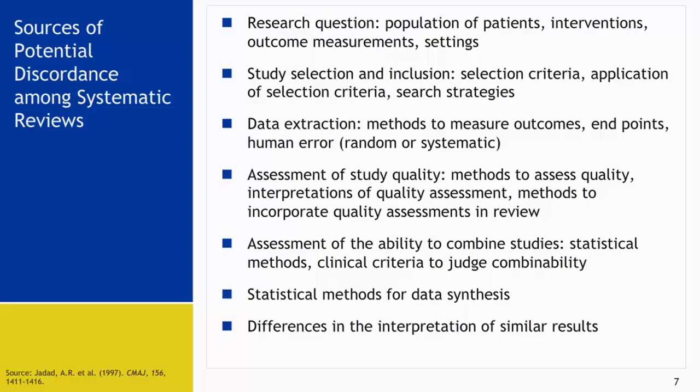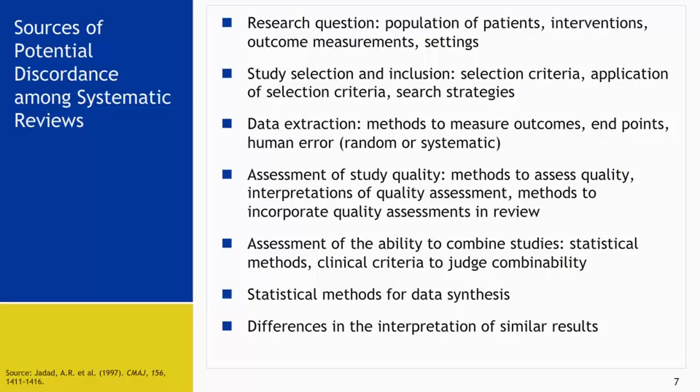A systematic review might differ from another systematic review because of how the authors went about selecting the studies to be included, or how the data were extracted, or how the study quality was assessed, or the risk of bias assessed, and then whether the studies could be combined or not.